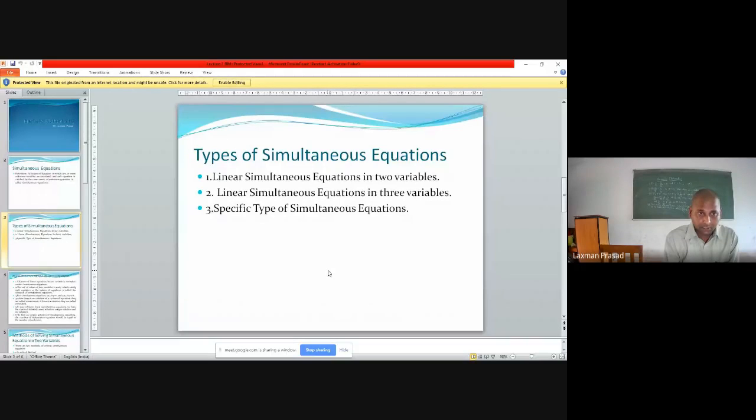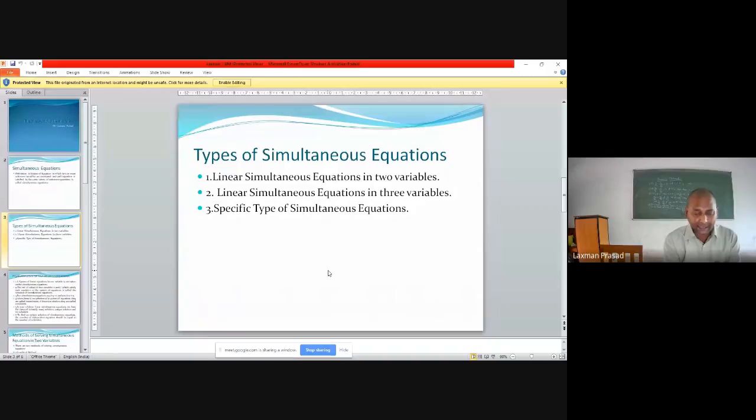Simultaneous equation. The term specific means that something is different. You have some different characteristics which make you special. Fine. So the first point is a quadratic equation, like the general form of an equation, ax square plus bx plus c equals to 0.